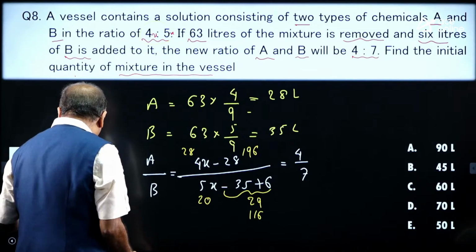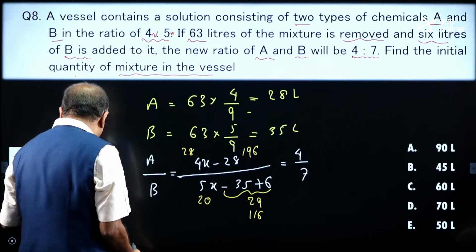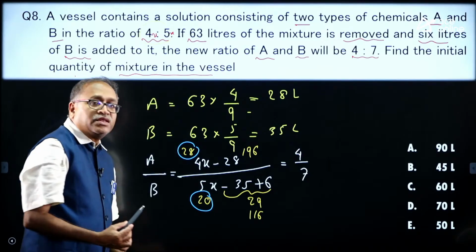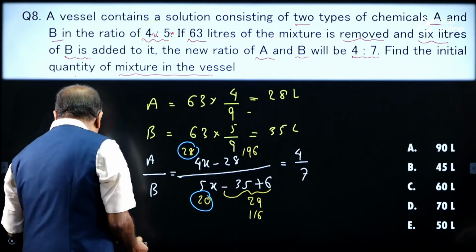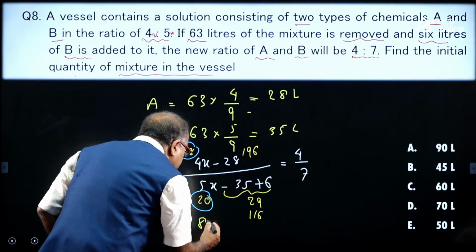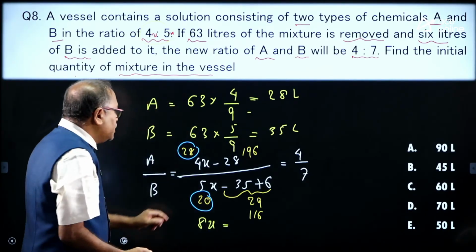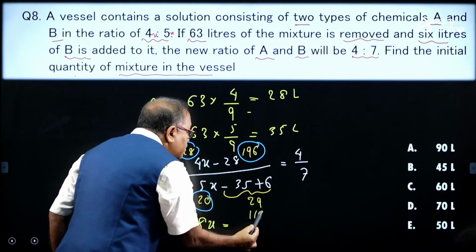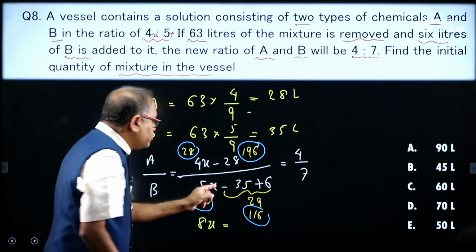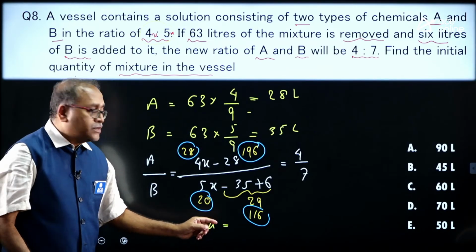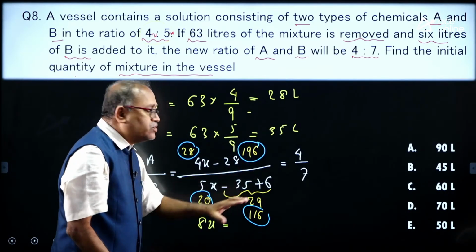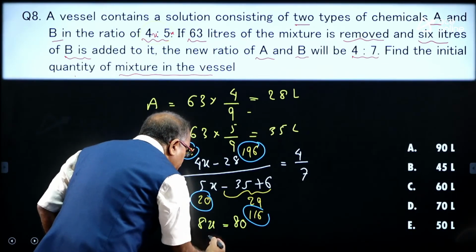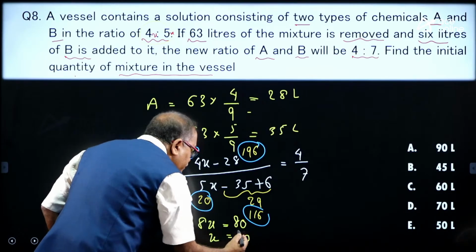So, finally, these are the figures on which we are working here, that is 28x and 20x, the difference is 8x. We will be writing that the difference is 8x, which is equal to 196 and here 116, and in both the cases the sign is minus. So, therefore, the difference between these two is 80. So, 8x is equal to 80, therefore, x is equal to 10.